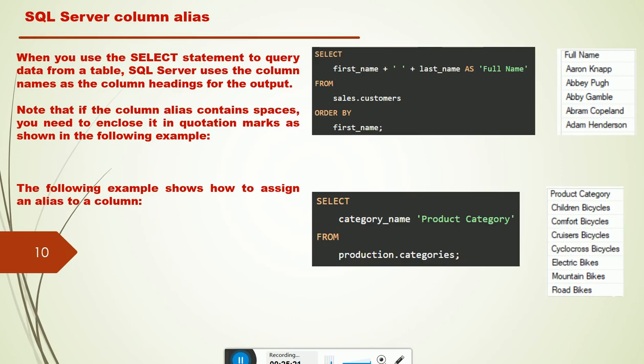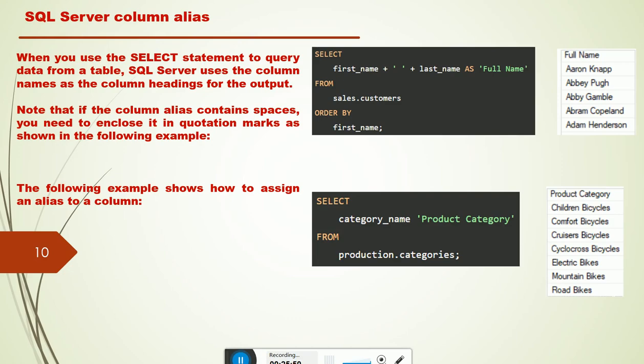SQL Server column alias. When you use the SELECT statement to query data from a table, SQL Server uses the column names as column headings for the output. Note that if the column alias contains a space, you need to enclose it in quotation marks as shown in the following example.